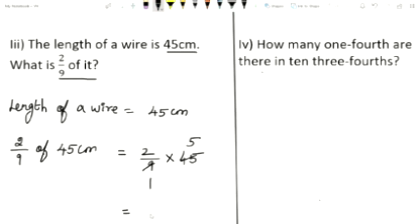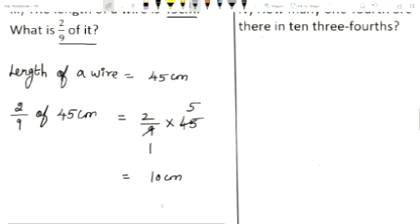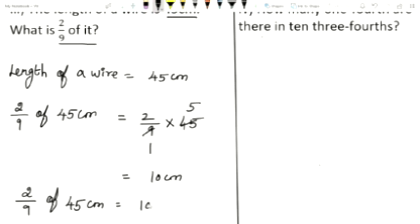Now 2 fives are 10, 10 centimeter. So what is the answer, children? 2 by 9 of 45 centimeter equal to 10 centimeter.